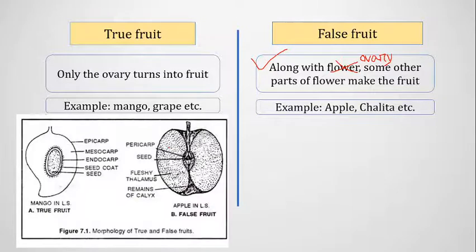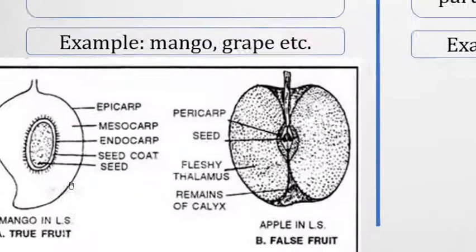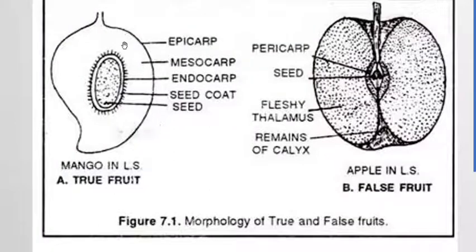So let's see a figure. Here the left one is mango, an example of a true fruit, and the right one is apple, an example of a false fruit. In the mango, the fruit wall actually comes from the ovary wall, and the fleshy part inside the mango is the internal part of the ovary.